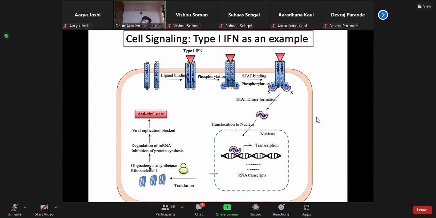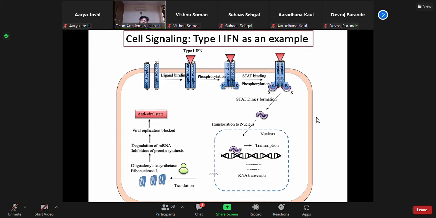So with the synthesis of all these molecules, the energy currency is depleted in these cells, and when these ATP molecules are not available, the protein synthesis within these cells will be hampered. Now, because there is no protein synthesis in these cells, whatever virus has entered into this cell will not be able to make more copies.